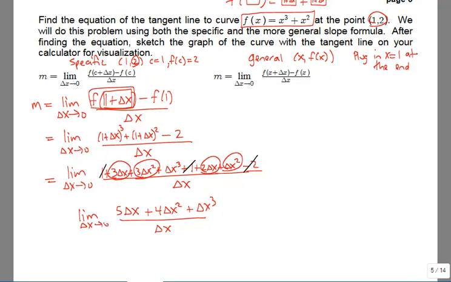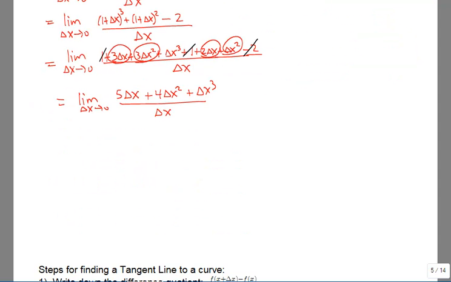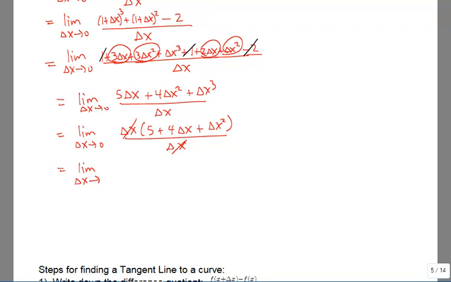Because all of those terms in the numerator have a delta x, that's good news, because that means we can factor out that delta x from the top, just like a GCF, and in parentheses I would be left with 5 plus 4 delta x plus delta x squared, and the delta x's on the top and the bottom cancel, which should always be your next to last step, because at this point what you're left with should be something that you can now plug in for.